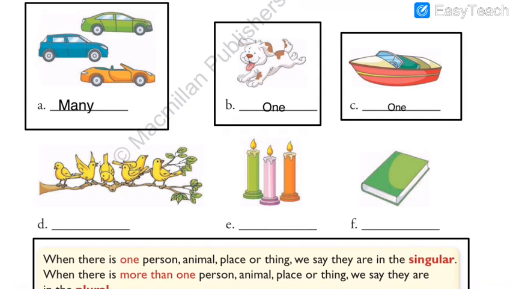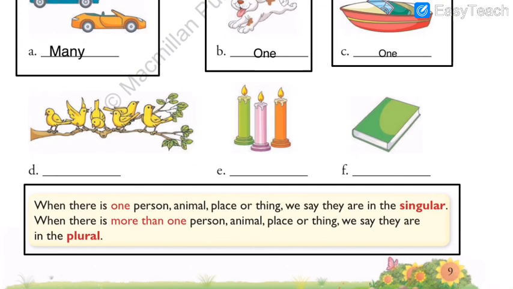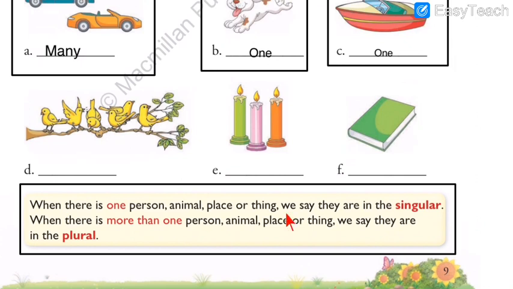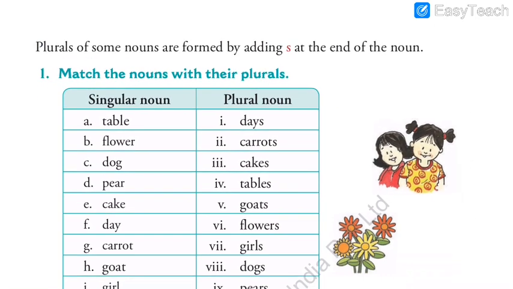The word singular is made from single. Single means one and only one exactly. So the dog is one, singular, the boat is one, singular, whereas the cars are many, so it is plural. I hope that this definition in the yellow box is very much clear to you by now.